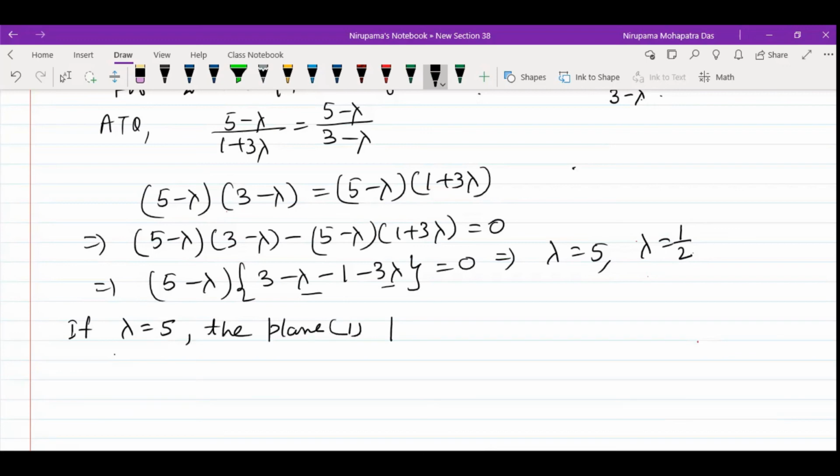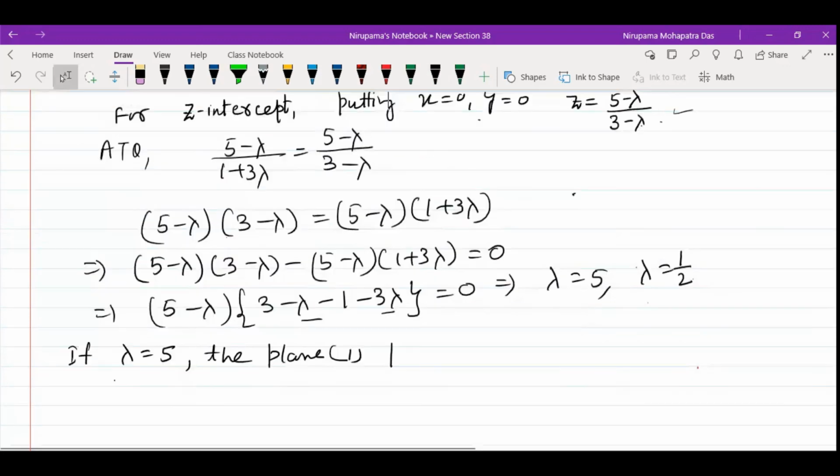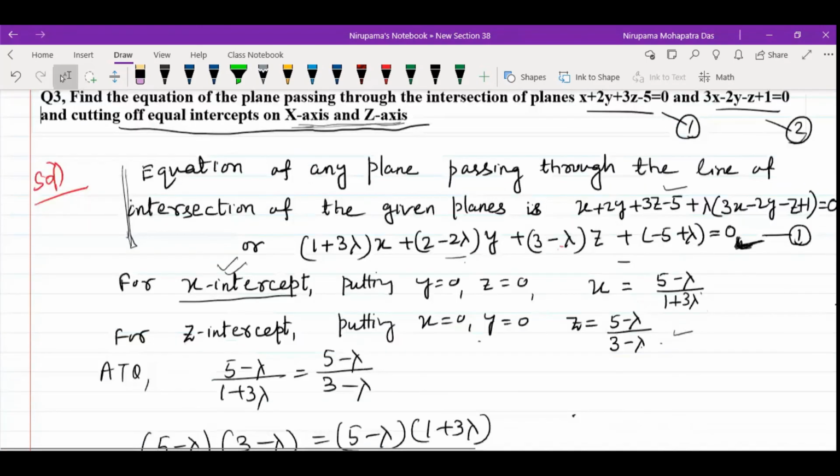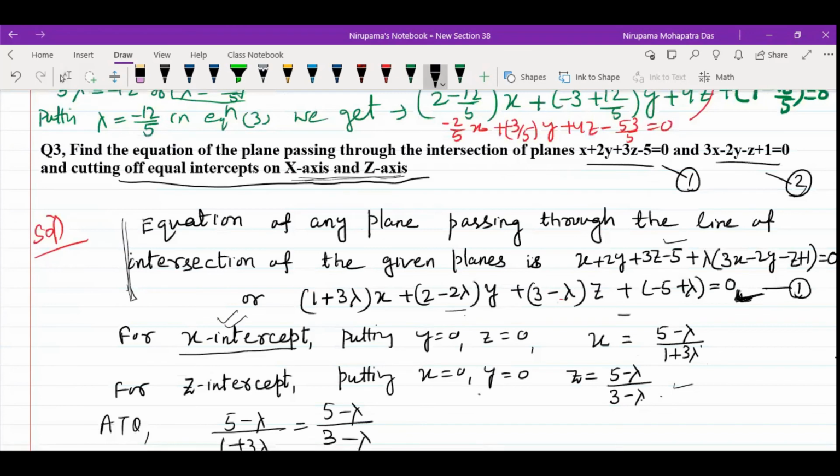So if I take 1 and 2, then I may write it as equation 3. Okay, then no confusion. So when lambda equal to 5, this quantity will be 0. So it means you will be getting the plane passes through origin.